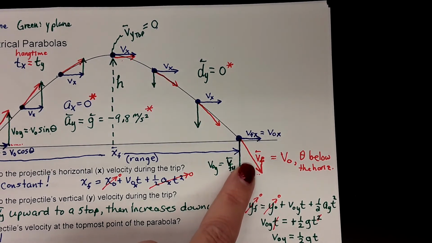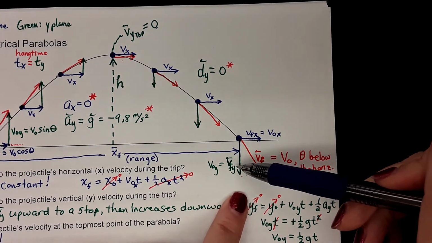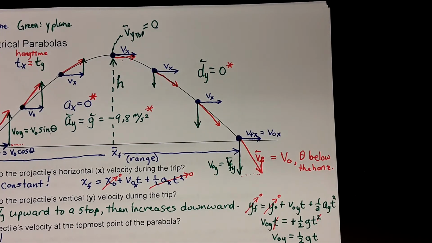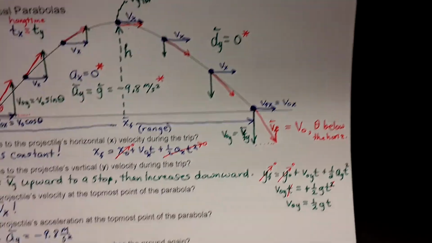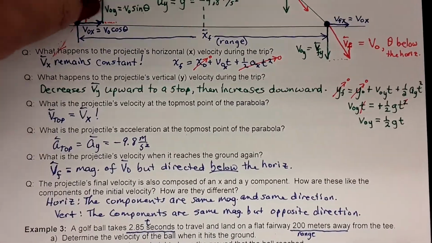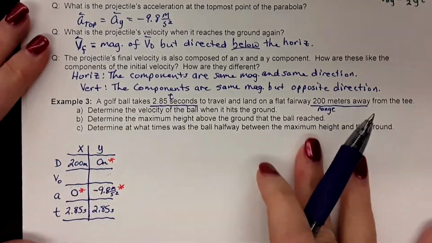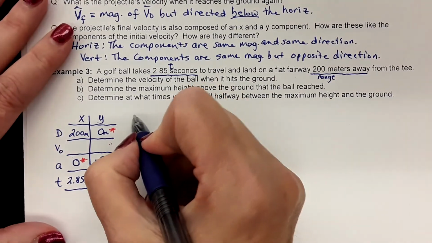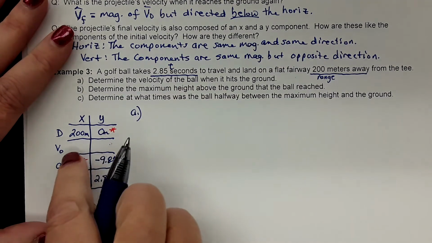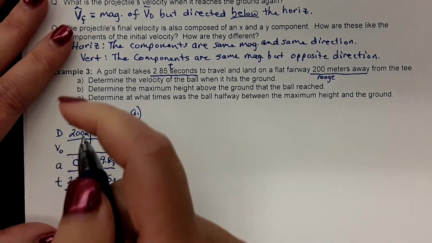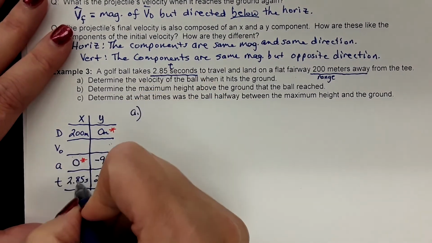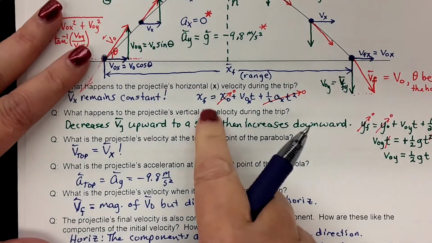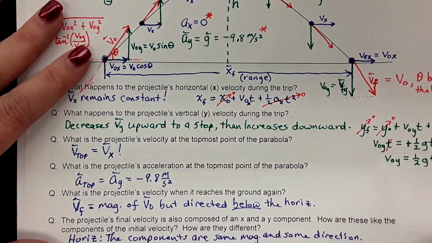Well, the only way we can find that is to get the components and use the Pythagorean theorem, okay? So we can do that because, look, the components are here and here, and we just said we had enough information. So let's do that. Okay, this component would be from the horizontal motion, and we said right up here, x sub f equals v sub o x times t.